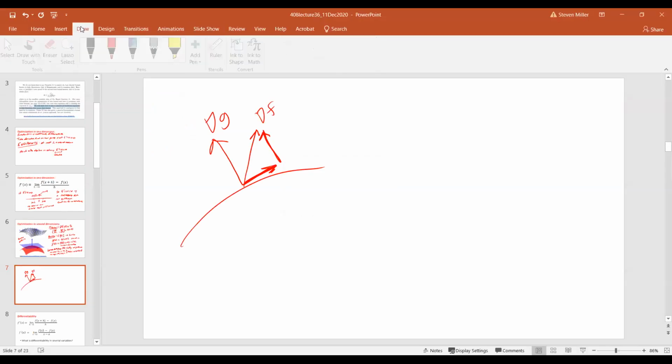So here would be the gradient of G coming up like this.